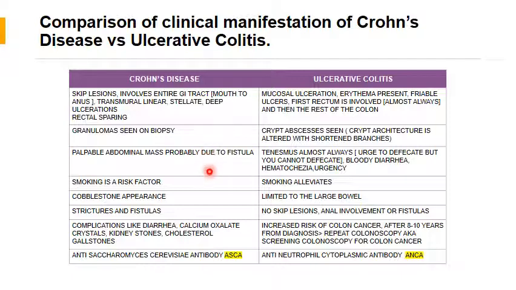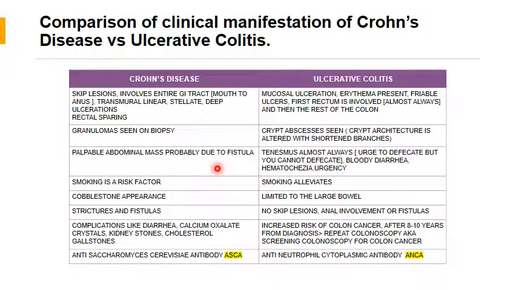Palpable abdominal mass, probably due to fistula. Now, as you know, the ulcers in Crohn's disease are transmural, so that increases the chance for the formation of a fistula with a neighboring structure. Like there can be a fistula between the bowel and the bladder.